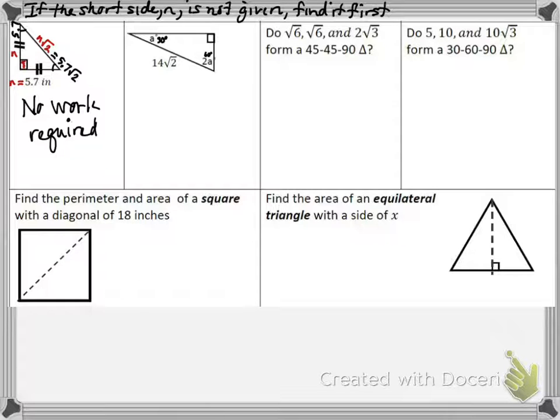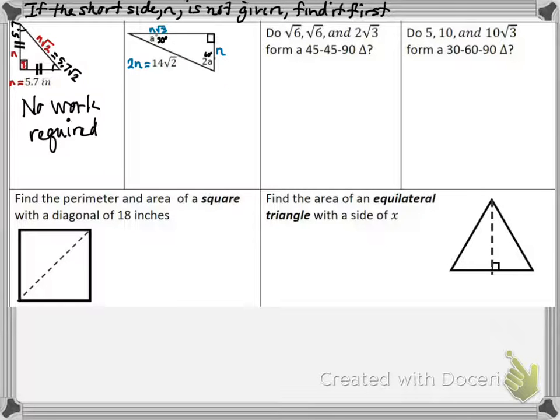This is a 30, 60, 90. The side opposite from the smallest angle is your shortest side, your N. Your hypotenuse is a 2N, and your long leg, which is your medium-sized side, is an N root 3.